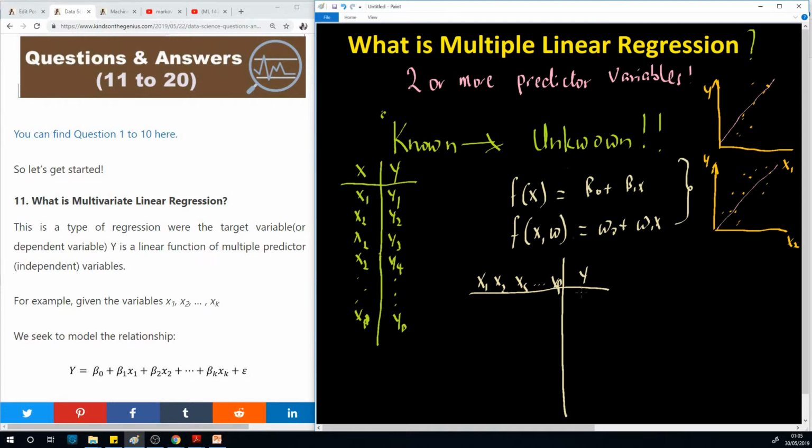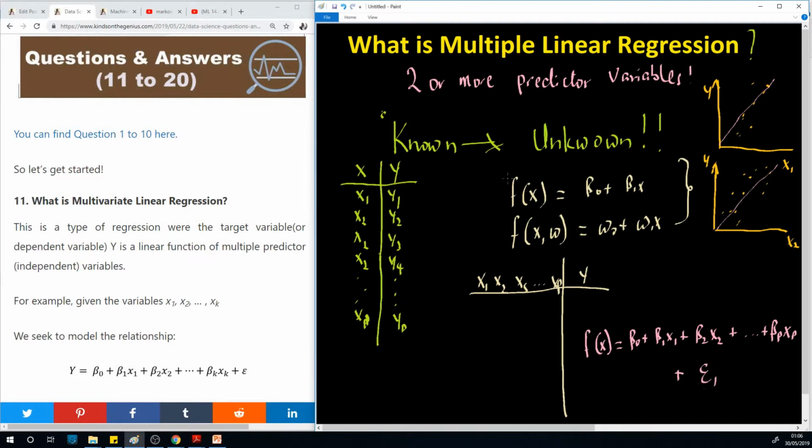So I'm going to simply write the equation for the multiple linear regression model so that you have it in mind. For the multiple linear regression model, you have a function of x equals beta 0 plus beta 1 x1 plus beta 2 x2 plus ... plus beta p xp plus some error, right?